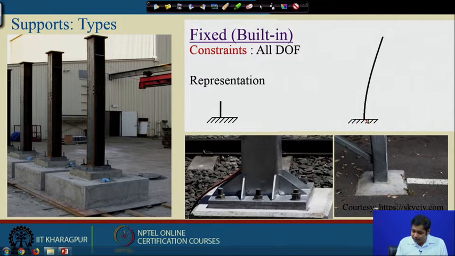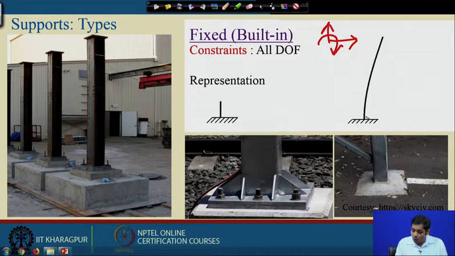So, if this is a fixed support, this point cannot move in two-dimensional space. Any point can move in this direction and can rotate here, but since the support is fixed, it cannot move in any direction, right. Now, how these degrees of freedom are constrained: the support provides support reactions, right.